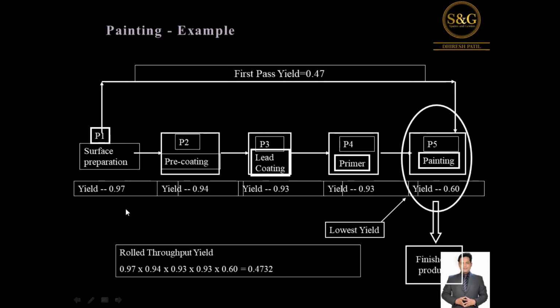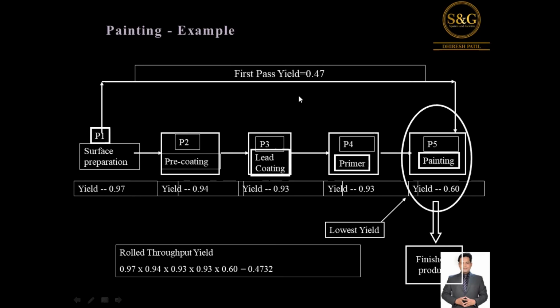Same with pre-coating. Once we input 100 pieces, 94 pieces would come out of pre-coating without any defect. So the yield of pre-coating becomes 94%, or 0.94.